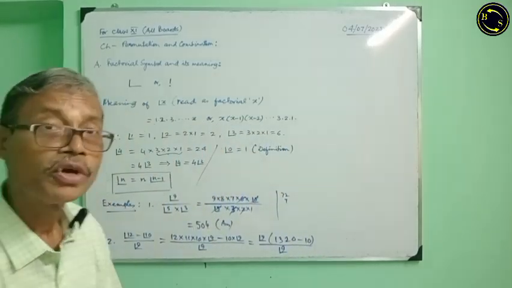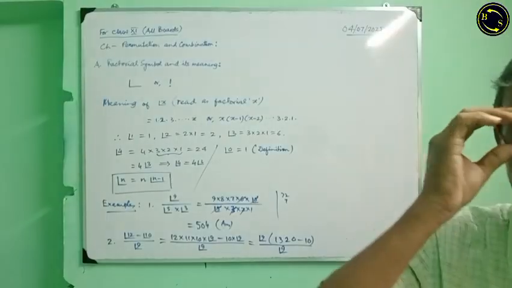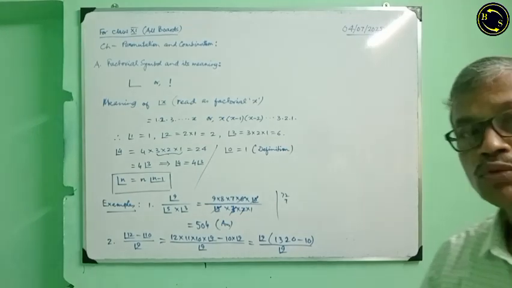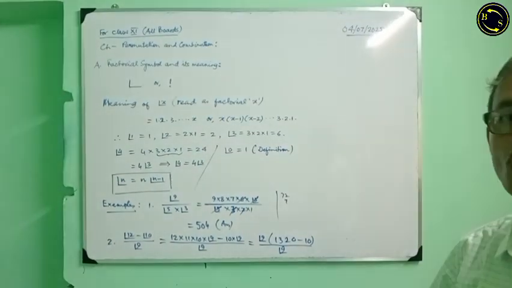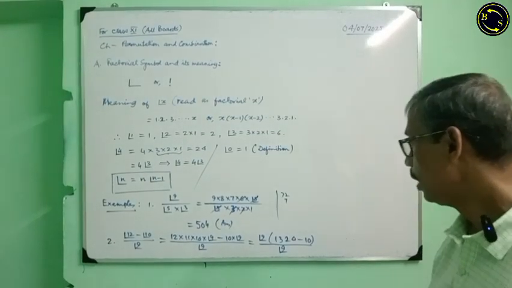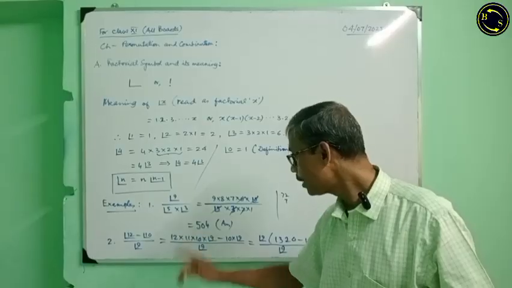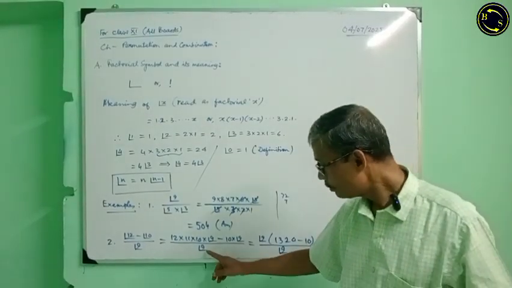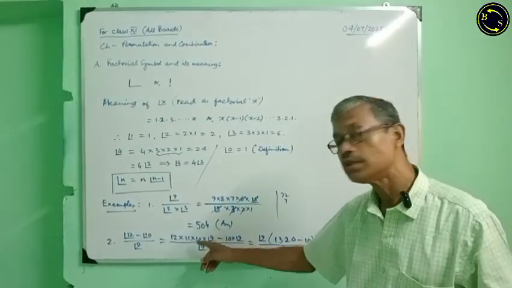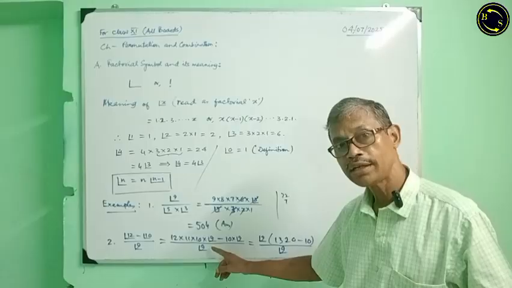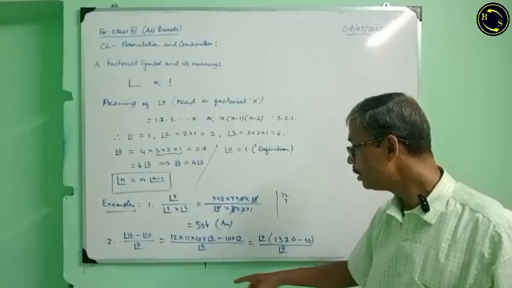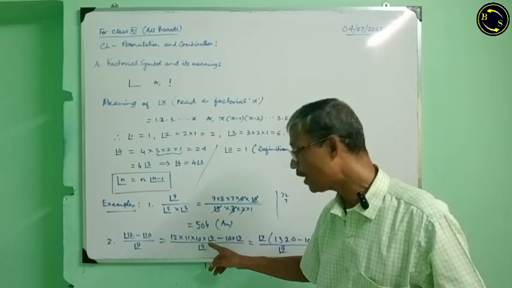Already I have told that when you are following these classes, you take a pen and you copy and you start calculating or working out the sum which I am working out. You see the calculation in case of factorial 12, since there is factorial 9 at the denominator, if I express both of these keeping factorial 9, then factorial 9 will be a common factor, then follow this one: 12 into 11 into 10 into factorial 9.